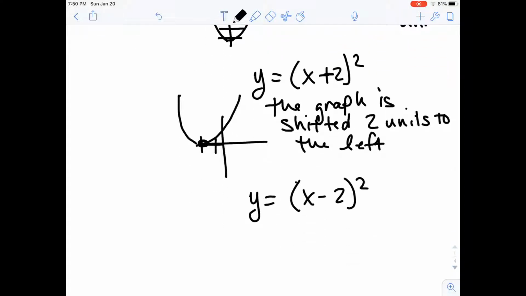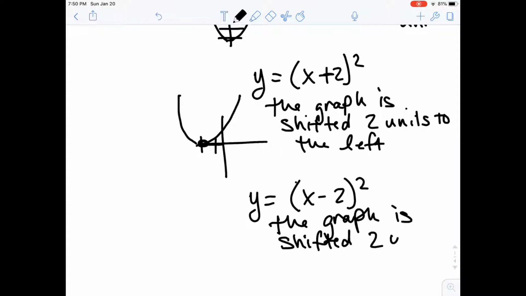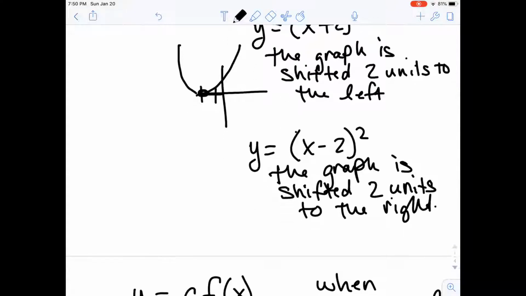And then for y equals quantity x minus 2 squared, the graph is shifted 2 units to the right. Again, your graph would look something like this. Now, if it was just one of these four type equations, that would be really nice.